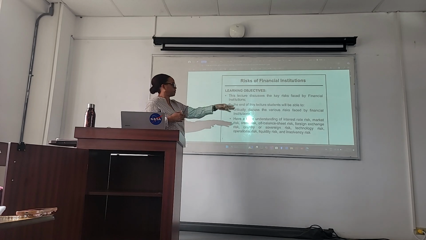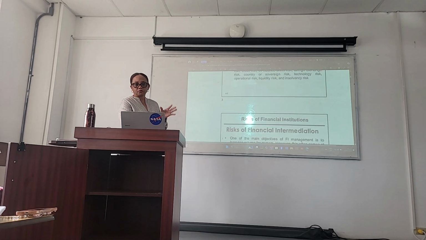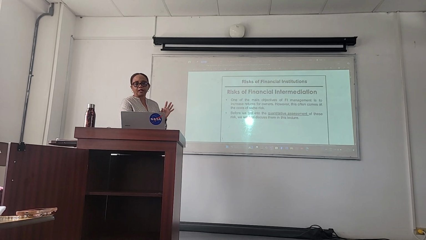So interest rate risk, market risk, credit risk, off-balance sheet risk, foreign currency risk or foreign exchange risk, country or sovereign risk, technology risk, operational risk, liquidity risk, and insolvency risk. Right? So we are going to have a look at, learn what they are, and then we go into them in more detail, right?